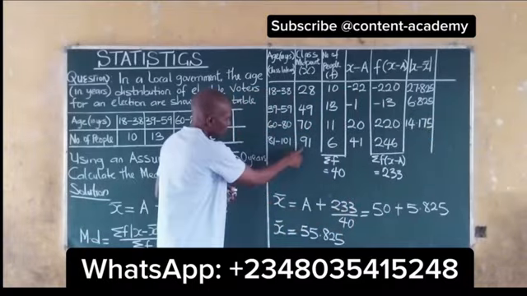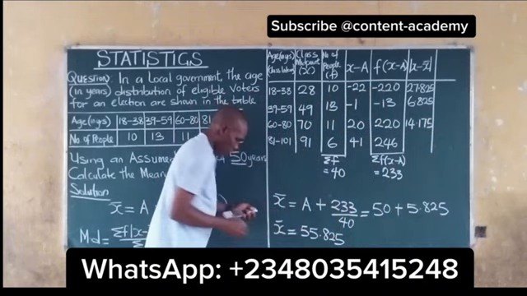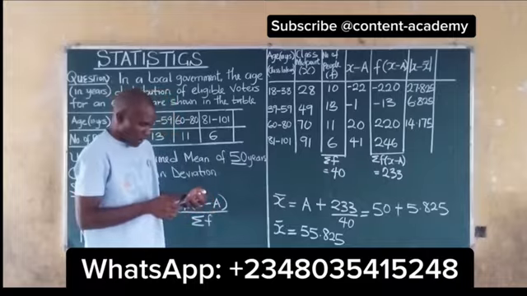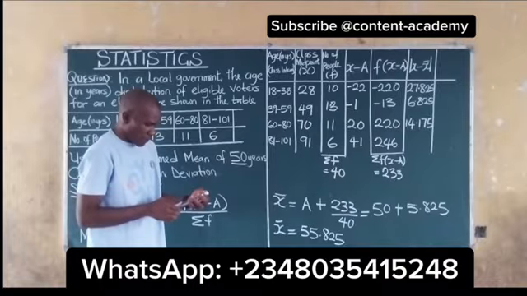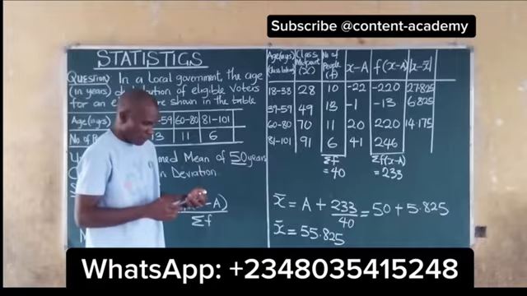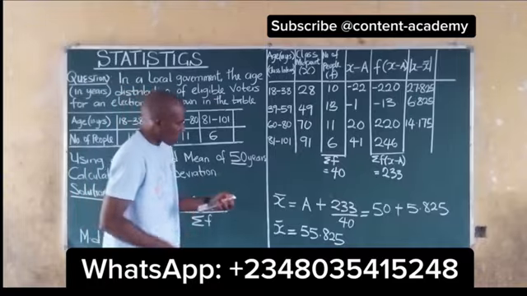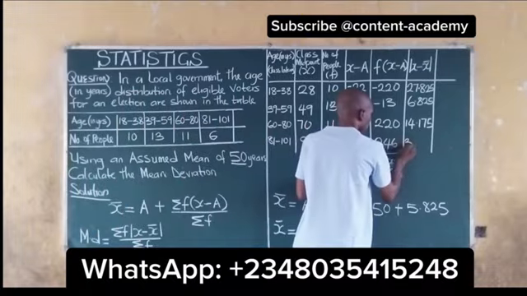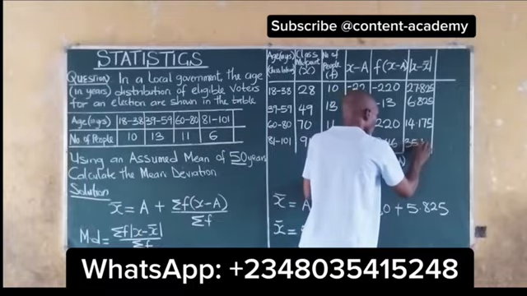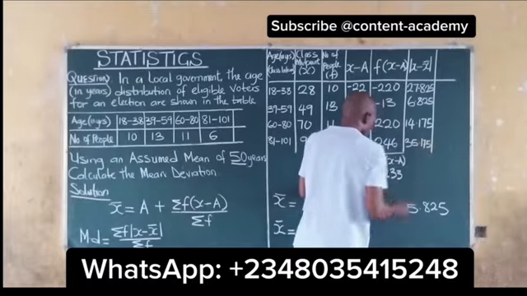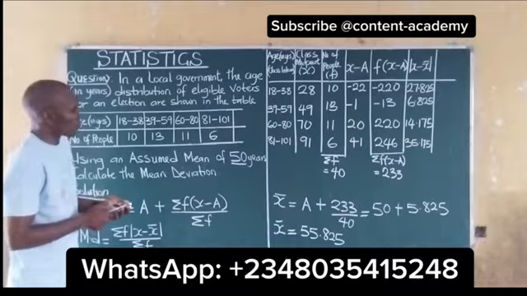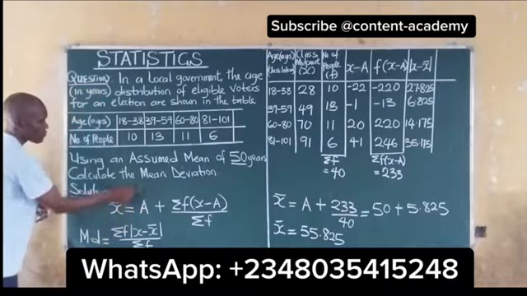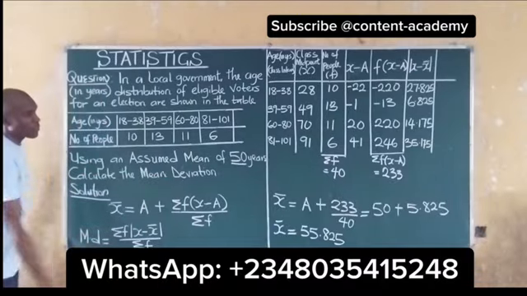We also have 91 minus 55.825, so we have 35.175. Now, we still have another table to complete. We have another table to complete so that we'll be able to get the mean deviation. We are asked to find the mean deviation.